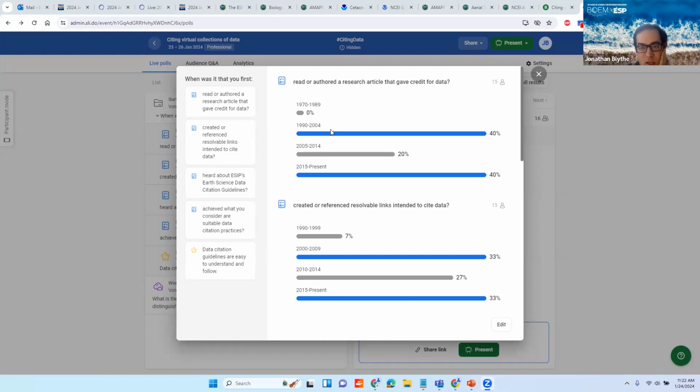It seems like about half, a good portion of the people can cite that as their first data citation. I think data citation goes back even further, and that's what the second question is intended to distinguish. Data citation may have been very informal before the internet era, right? That's why there's nothing from before the 90s.